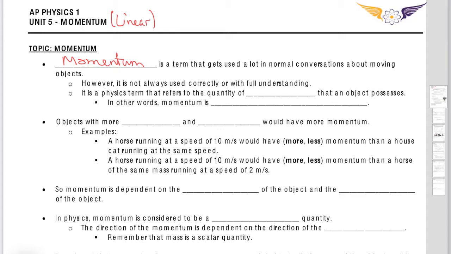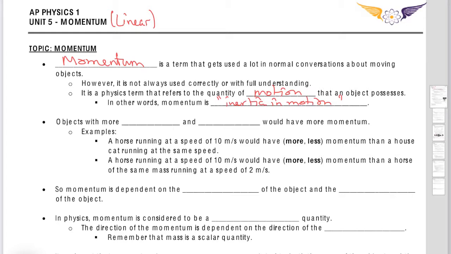Okay, but understand that it's not always used correctly, or there's not really a full understanding. It is a physics term that refers to the quantity of motion that an object possesses. In other words, we like to say that it is inertia in motion. That's just another way to define momentum.